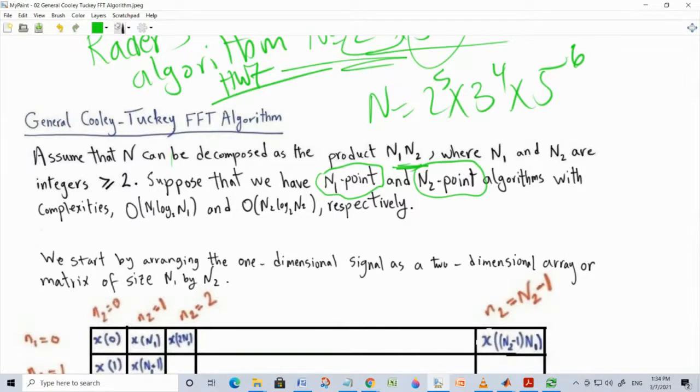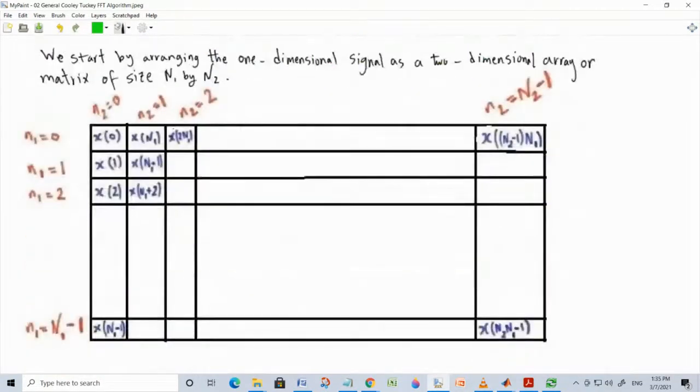Rather than thinking of your data as a vector with n1, n2 elements, you will think of it as a matrix or a two-dimensional array with n1 rows and n2 columns. You will put your data in this way: x of 0, x of 1, x of 2, up to x of n1 minus 1, x of n1, x of n1 plus 1, x of n1 plus 2, and you keep doing this till you reach the last element, x of n1 n2 minus 1.